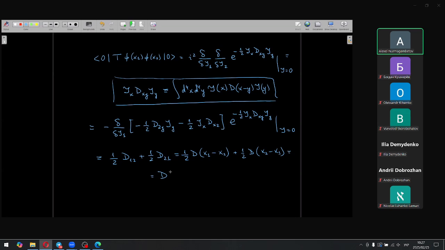So this is d depending on the difference between points x1 and x2, the Feynman propagator. So in this way, we have reproduced the well-known result that the Feynman propagator is nothing but the two-point correlation function, but in terms of the functional derivative and in terms of the path integral technique.